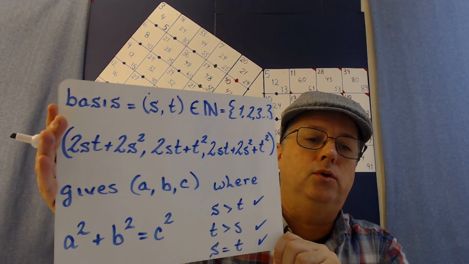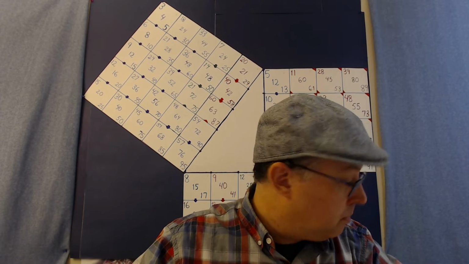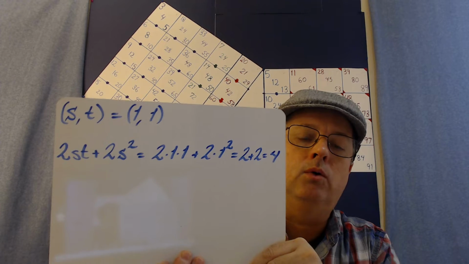And so the first one is 2st plus 2s squared. And that means we'll have 2 times 1 times 1 plus 2 times 1 squared. And that will give us 2 plus 2, and that gives us 4 there.